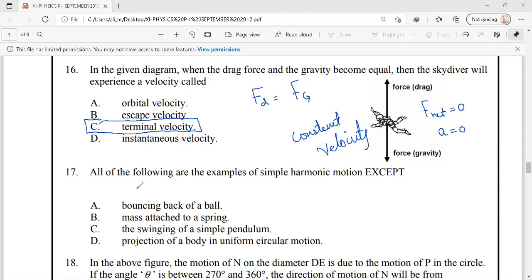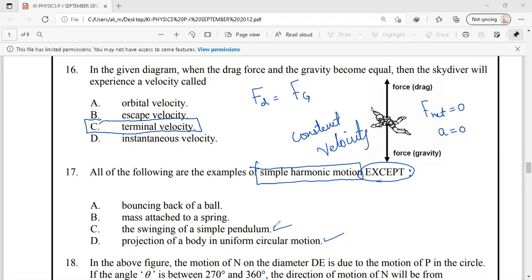All of the following are examples of simple harmonic motion except for one. We have to identify which motion does not meet the conditions of SHM. The projection of a body in uniform circular motion, as we have studied, possesses simple harmonic motion on the diameter of the circular path.